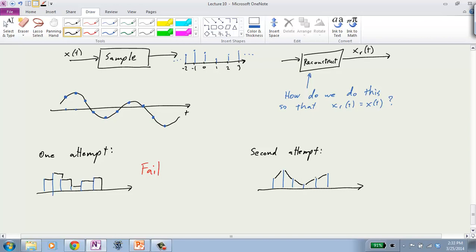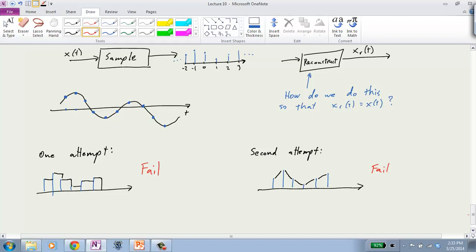This is actually called a first order hold. Again, this is not going to be perfect, but it looks at least somewhat smooth. I'm still going to give it this grade.